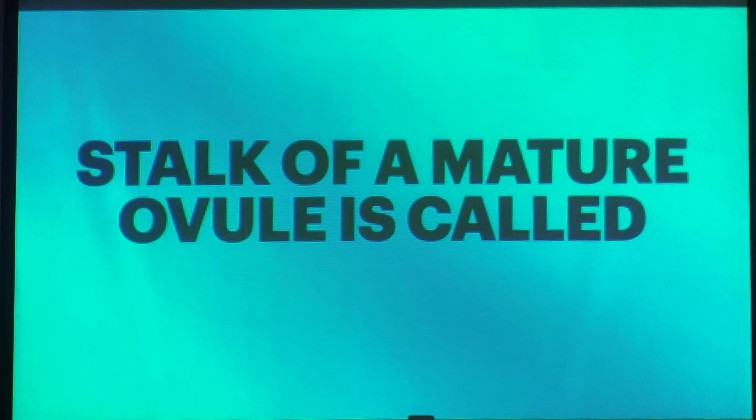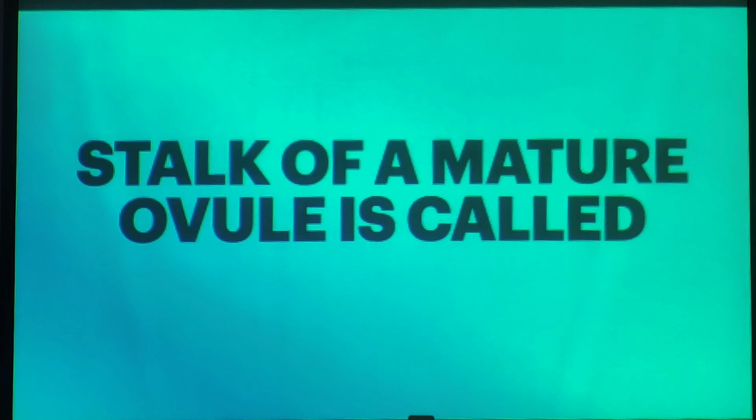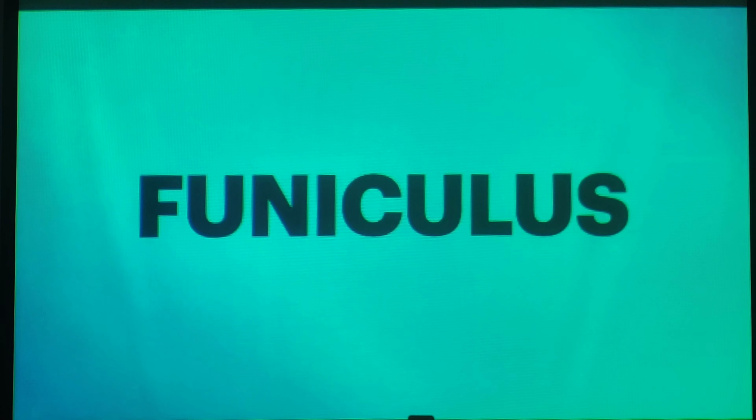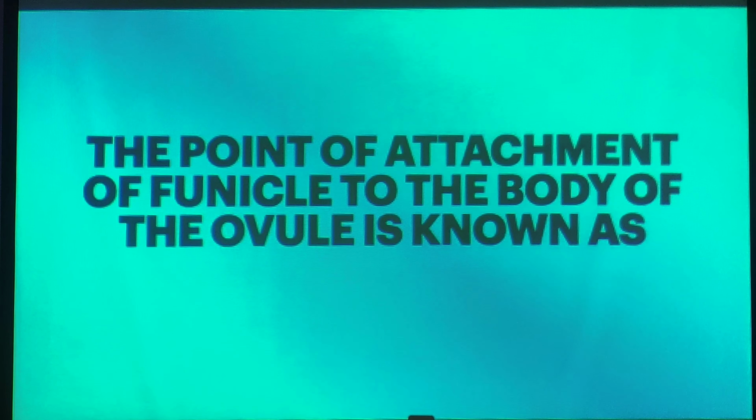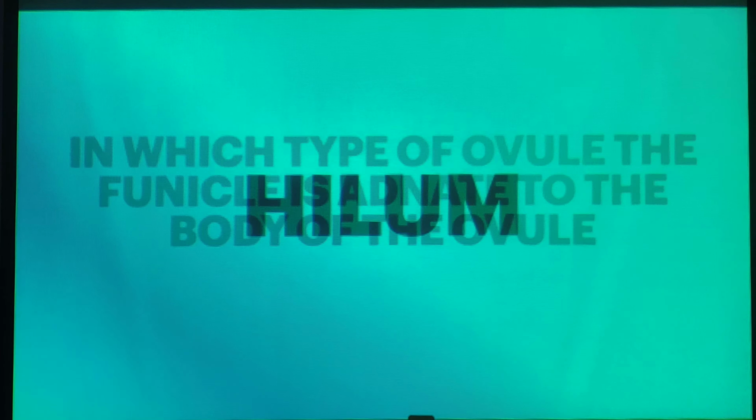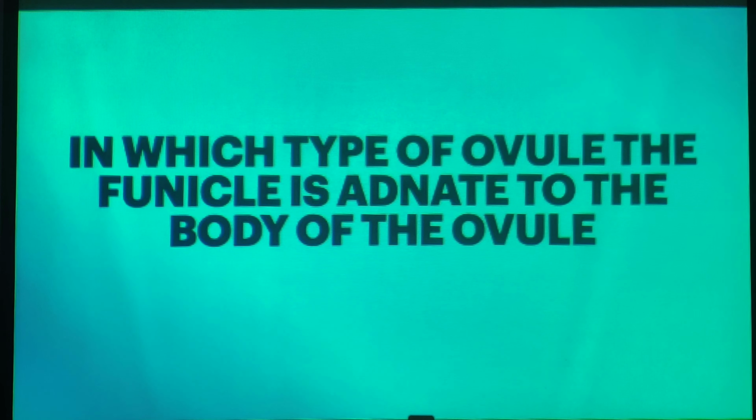Stalk of a mature ovule is called funiculus. The point of attachment of funicle to the body of the ovule is known as hilum. In which type of ovule the funicle is adnate to the body of the ovule?